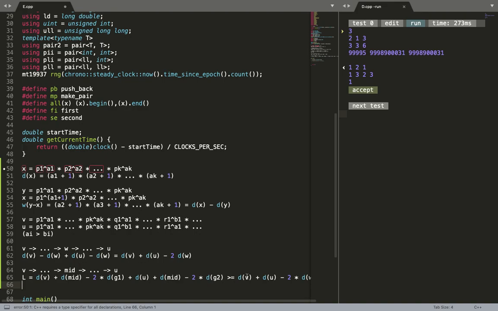So we can simplify this, cancel, and divide by 2. And after all of this, we want to prove that d(mid) plus d(w) is at least d(g1) plus d(g2).